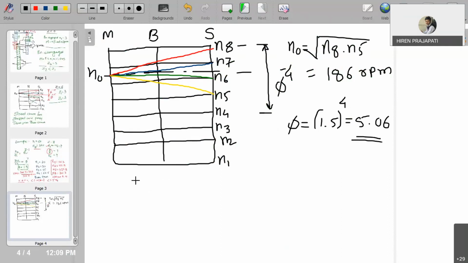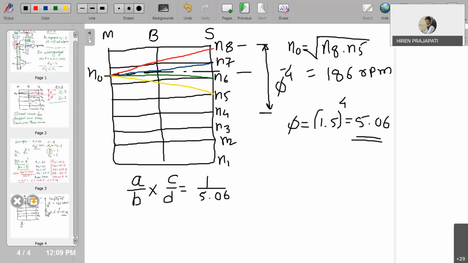So I can say the number of teeth on gear A by number of teeth on B, in a reverted drive, and from C to D, should give us 1 by 5.06 reduction, right?